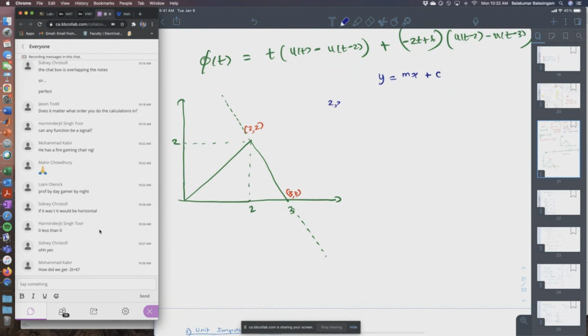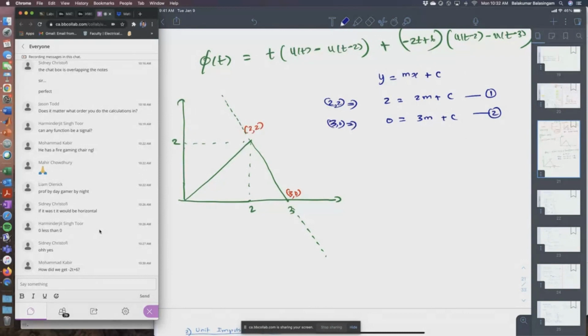Applying (2, 2) here, 2 is equal to m times 2, 2m plus c. I have one equation. Second, we have (3, 0). Applying (3, 0), 0 is equal to 3m plus c. So that's equation 1 and equation 2.